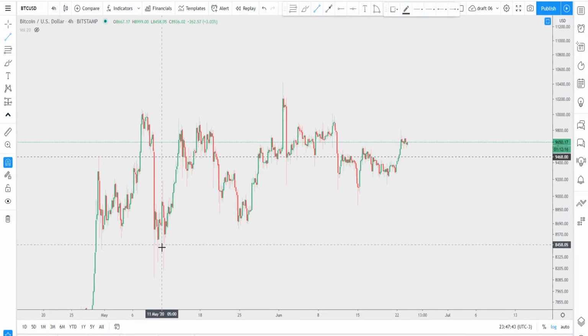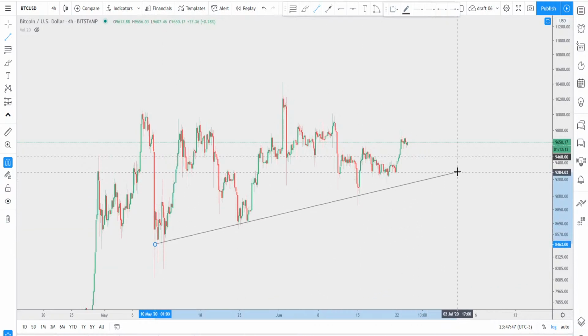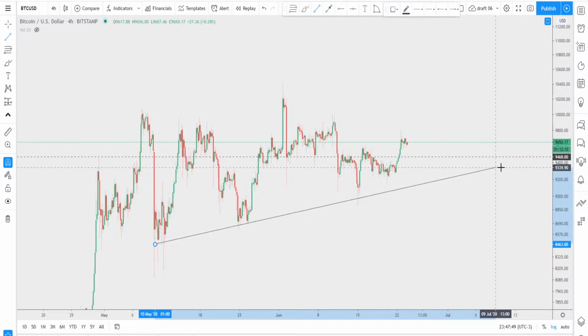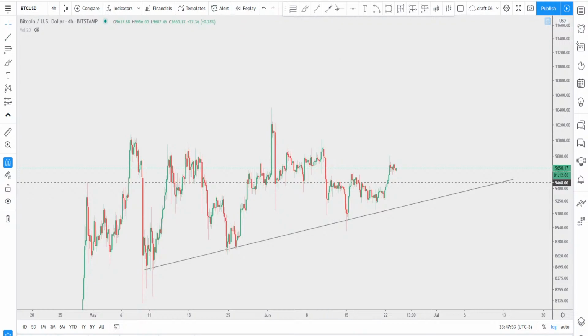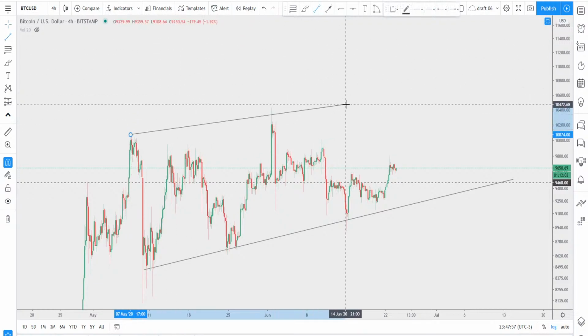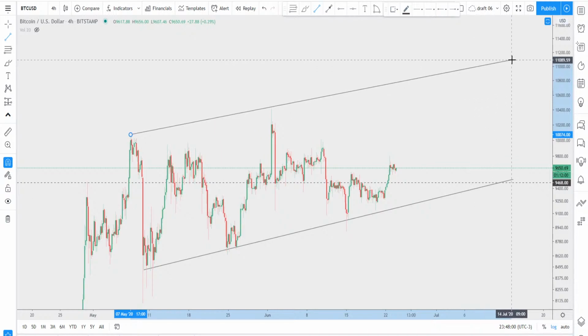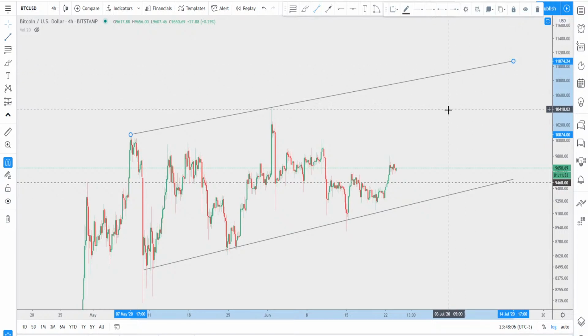Let's go for this one here. Okay, so this one is accurate. And now let's go for the upper one that we saw in the higher time frames that I explained to you why it is bearish.